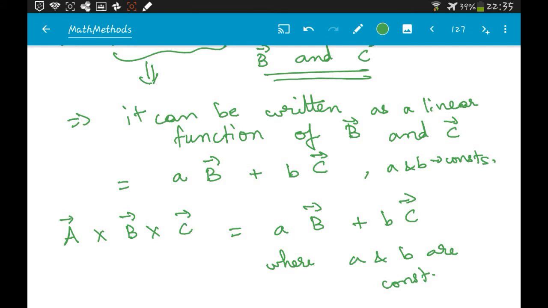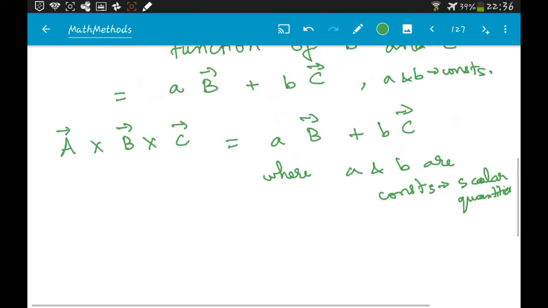Constants here means these are scalar quantities. Alright.